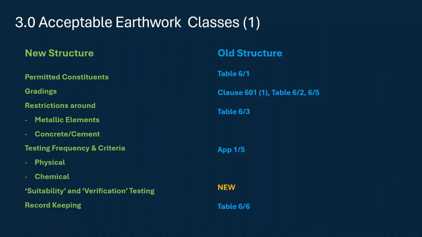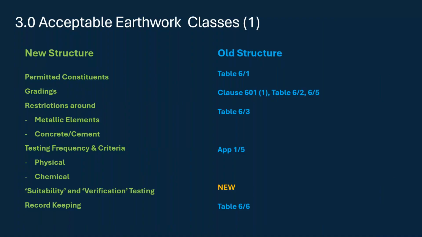So you still have a class 1A, a well-graded granular material. It's exactly the same description as you had before, and it's the same gradings and everything else, although they're just presented now in different tables. Likewise, the restrictions about where you can place materials that used to be in table 6.3 are still reflected.